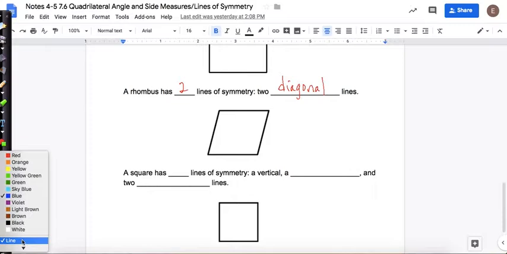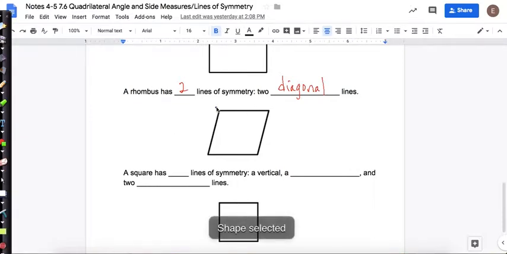I'm going to try this a little differently, hopefully. Try to get a little bit straighter here. Okay, and then draw the other diagonal. And notice we have 2 equal shapes here, 2 congruent parts.